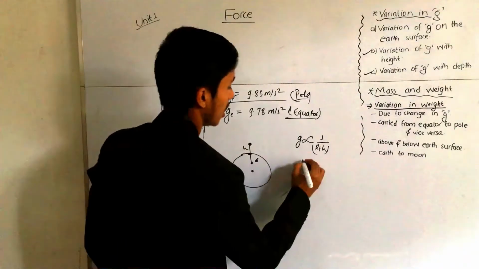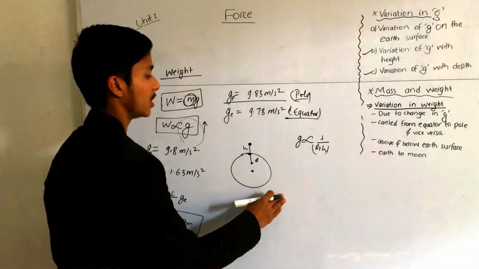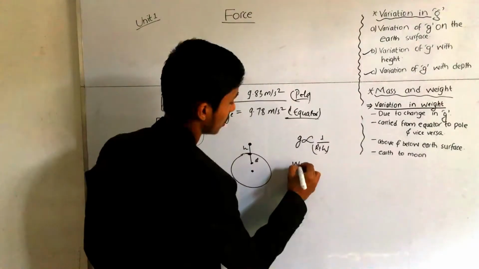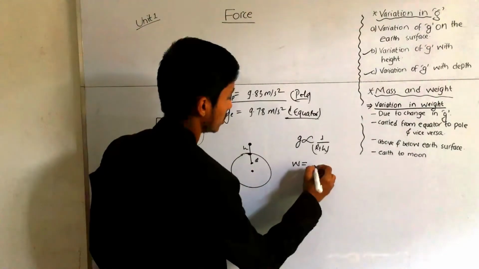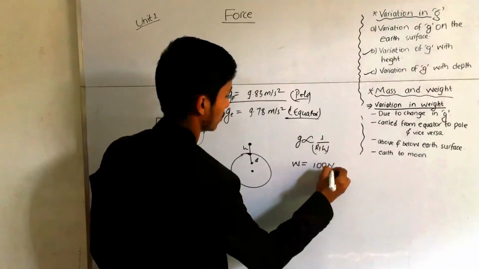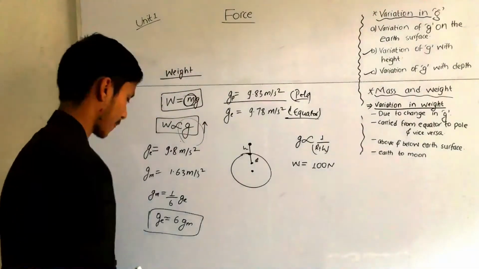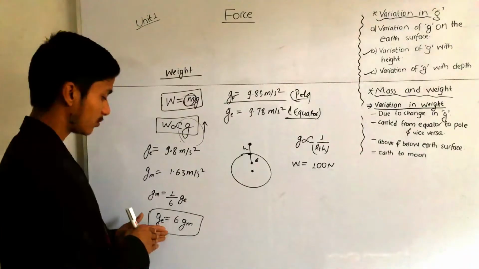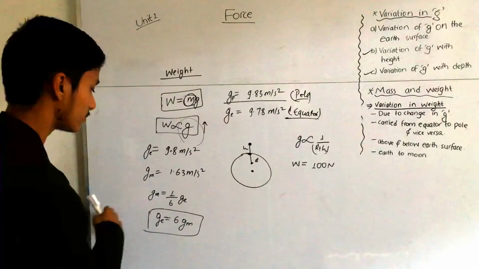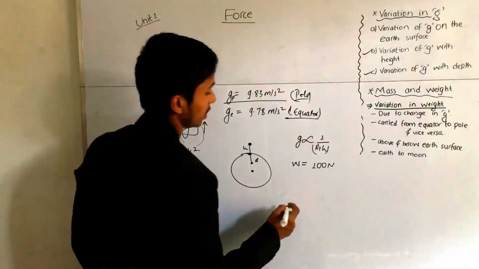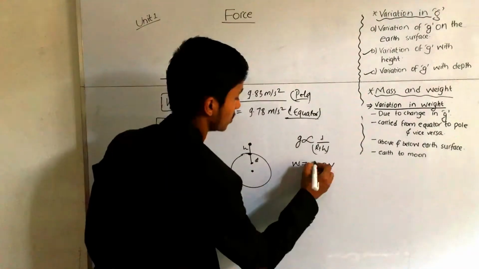Suppose the weight of the object on Earth is 600 Newton.